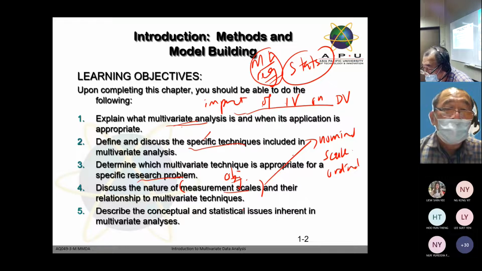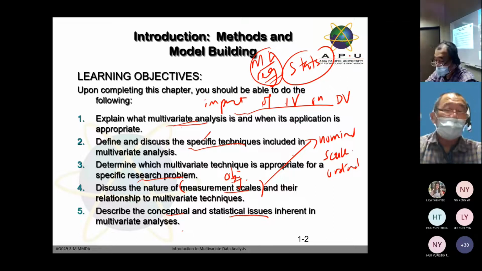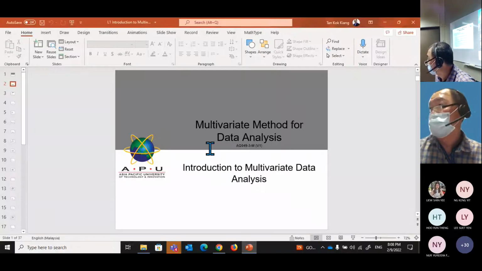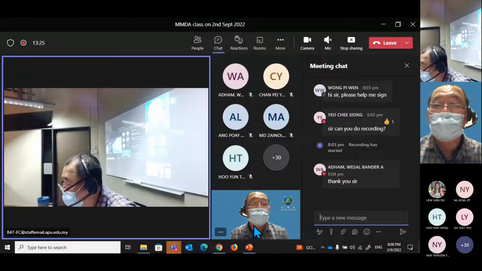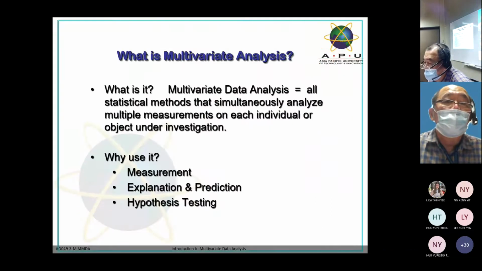So we see some conceptual and statistical issues that link to multivariate analysis. Any question, you can stop me and ask. Okay so far? Next one. So now we continue.